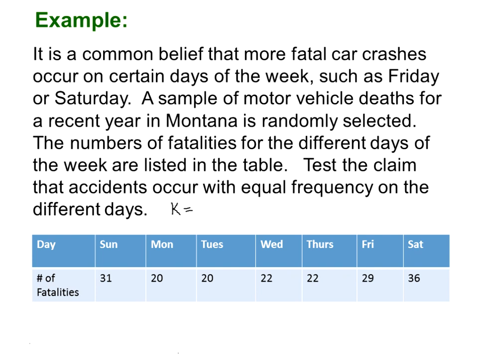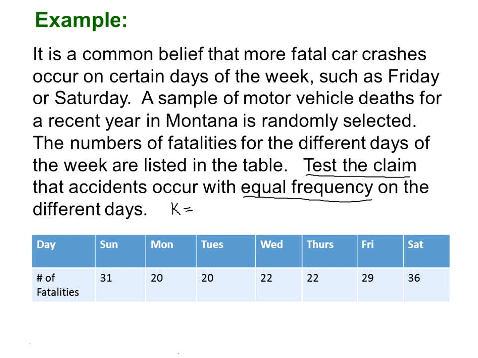Test the claim that accidents occur with equal frequencies on the different days. All right, so just test the claim that accidents occur with equal frequency. So that means the probability of getting into an accident on Sunday is the same as the probability of getting into an accident on Monday, which is the same as Tuesday, Wednesday, and so on.